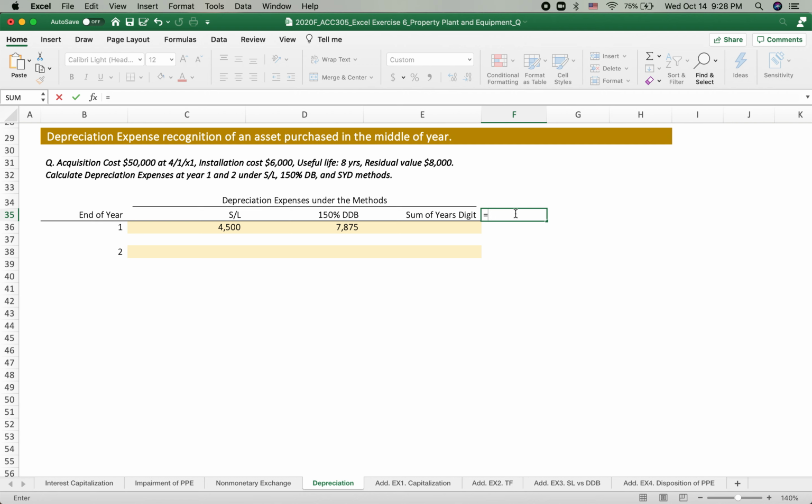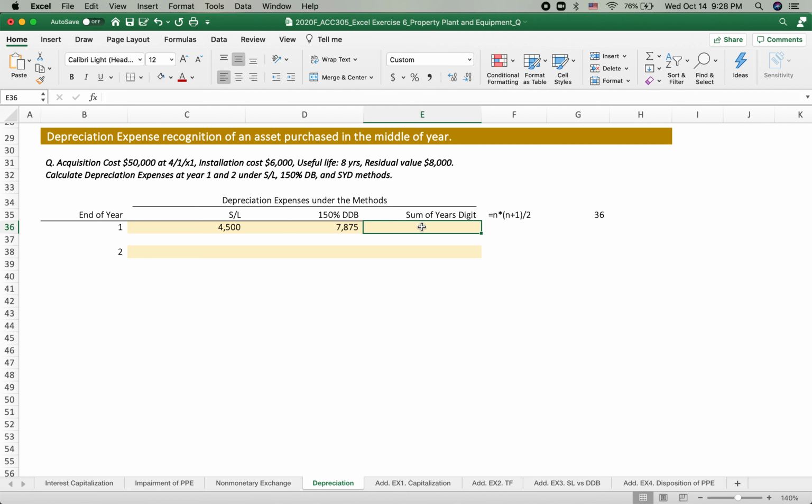So as I mentioned earlier, n times (n plus 1) divided by 2 is the equation to get it very easily. So I'm going to put this: 8 years times (8 plus 1) divided by 2. So 36 is the sum of years digit.